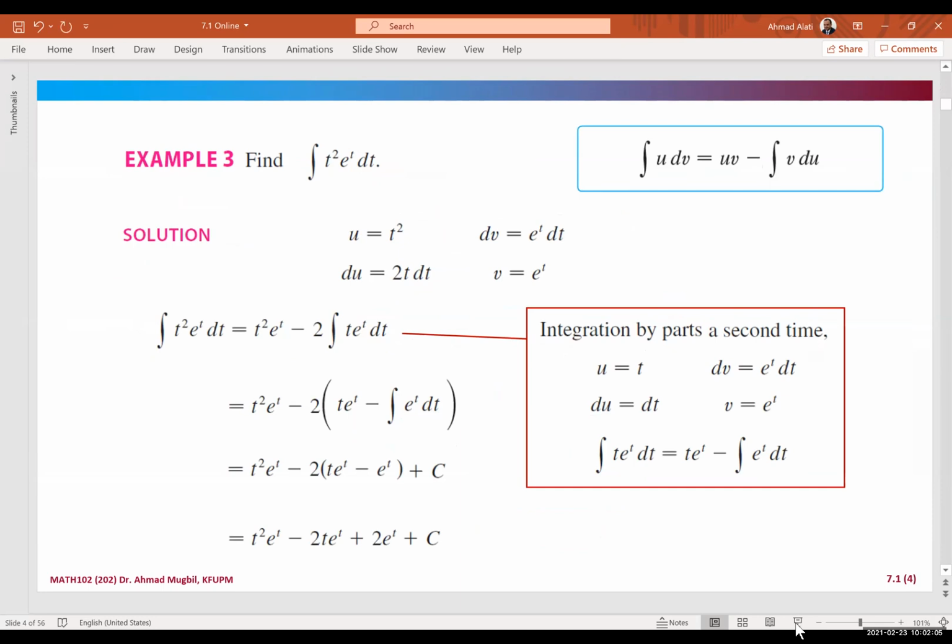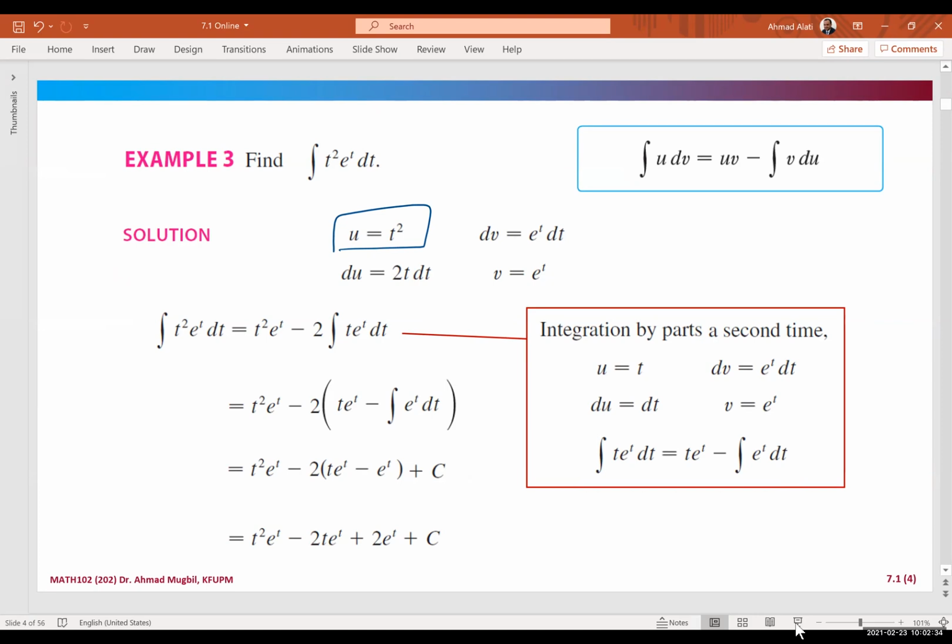And of course, when you have a power function, you may need to integrate by parts another time or several times. What is important, ya shabab, is that when you have a power function, choose it to be u so that you will differentiate it. When we differentiate power functions, we get simpler functions.